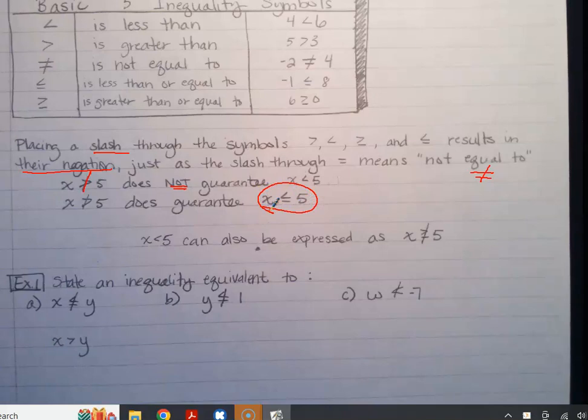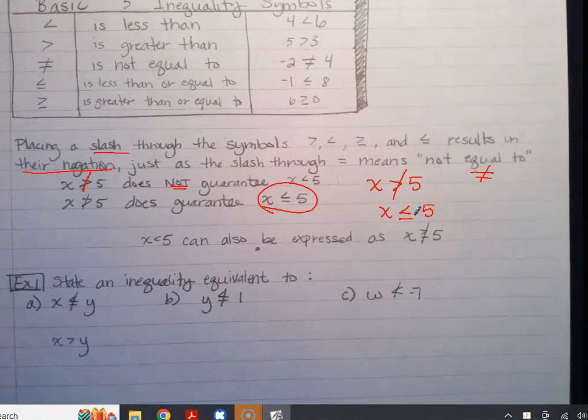So we have to include the equal part if we negate it, because it could be equal to 5. Do we understand that? So if we say x is greater than 5, and then x is not greater than 5, that doesn't mean x has to be less than 5. It means x can be less than 5, but x can also be equal to 5. So we have to write both of those.